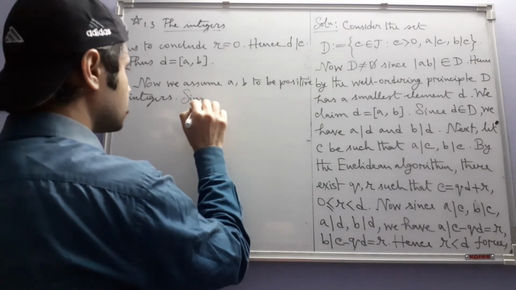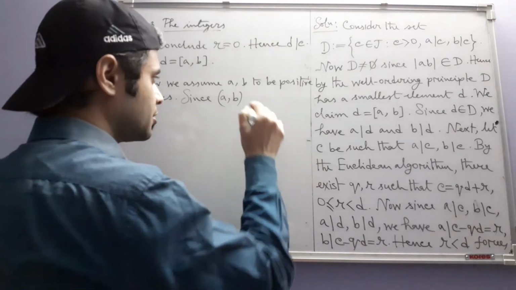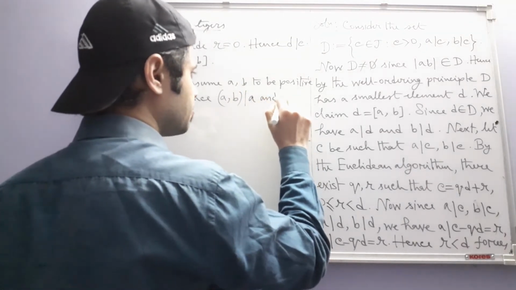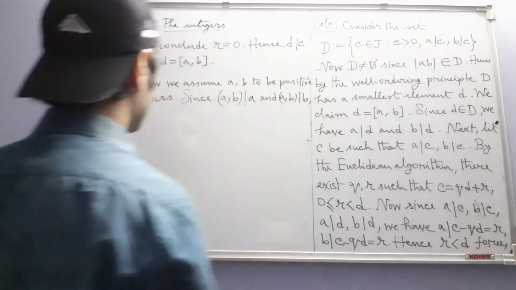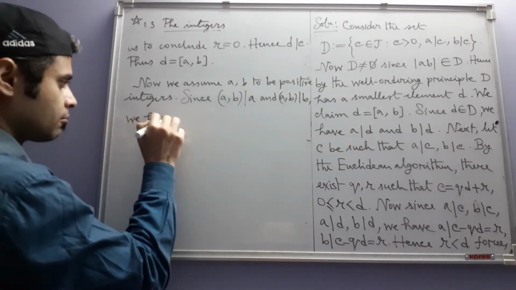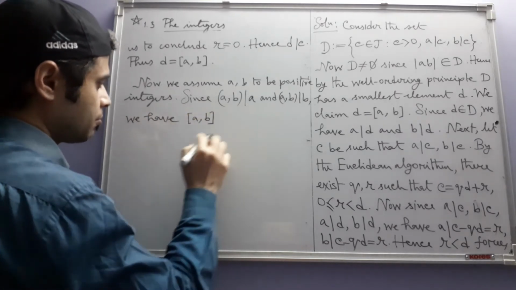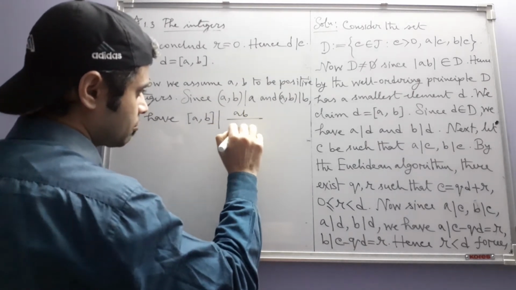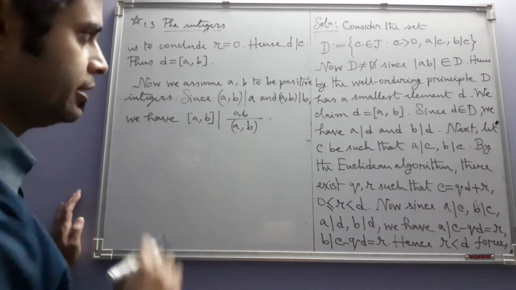Since the greatest common divisor by definition divides both A and B, it divides B also, we have how? What have I concluded here?